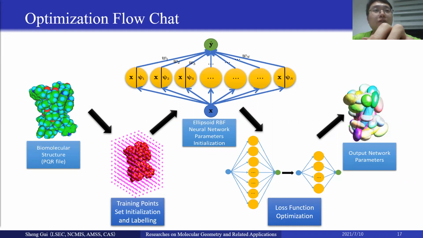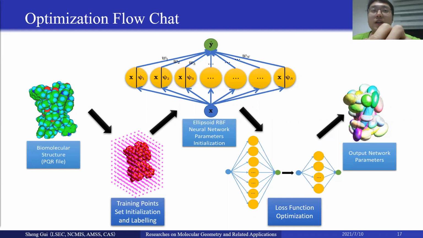The output of our method is network parameters, which contain the centers, the lengths, the rotation angles of the ellipsoid RBF neural network, and the weights connecting the hidden neurons to the output layer.